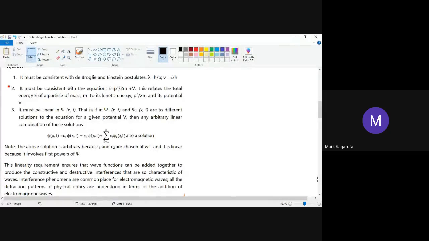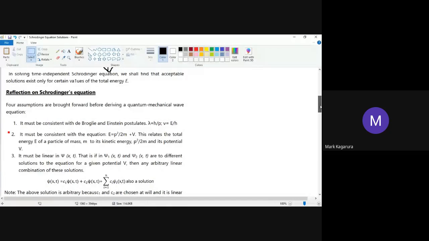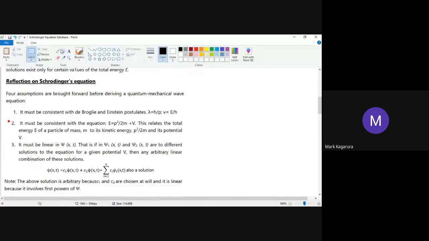So we said that in order for us to derive or even solve, we must be consistent with the de Broglie postulates. In order to be able to derive and in fact solve, these conditions must be true.